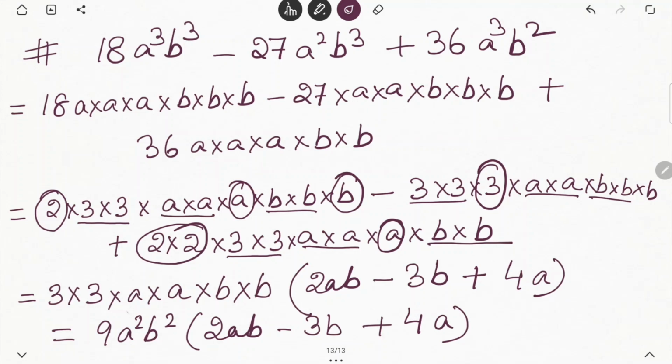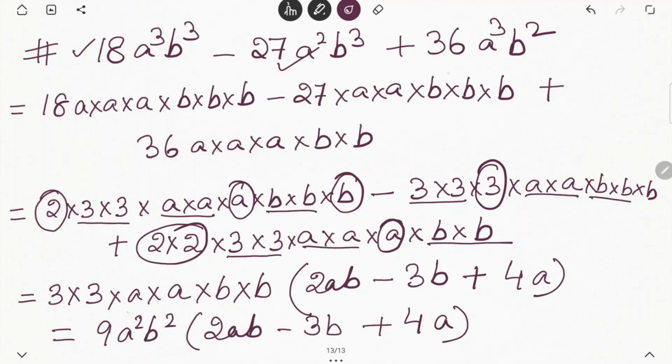So to check, if you multiply 9a square b square by 2ab, I'll get 18a cube b cube, okay. Then 9a square b square into minus 3b, I get minus 27a square b cube. And 9a square b square into plus 4a, what do I get?